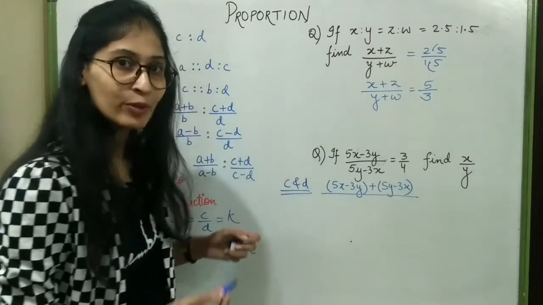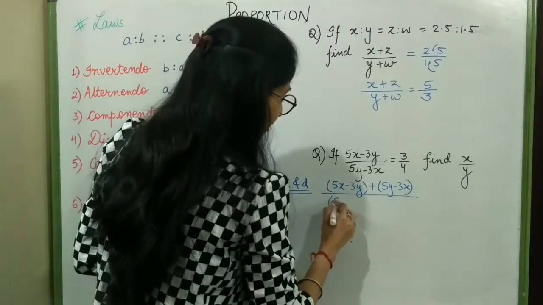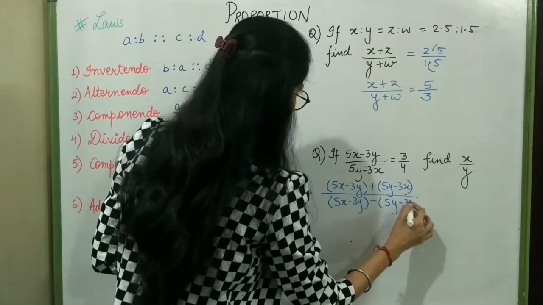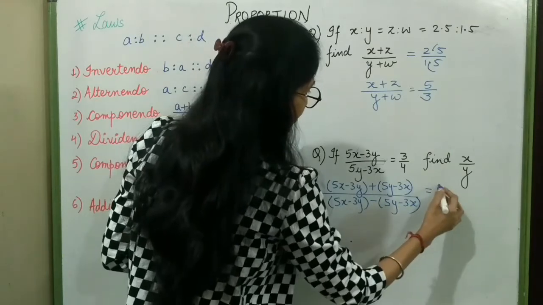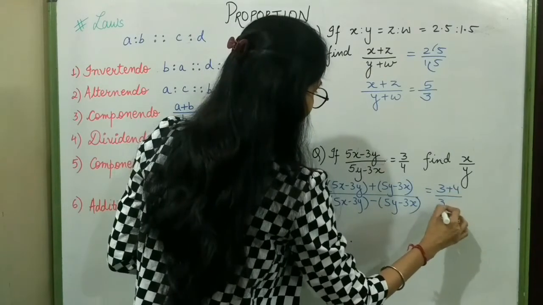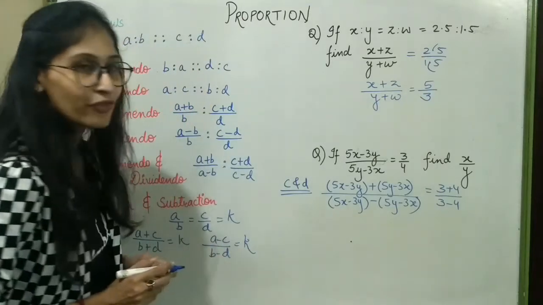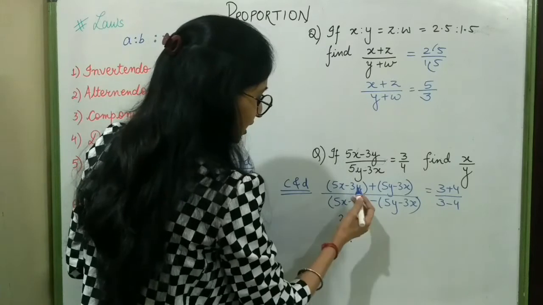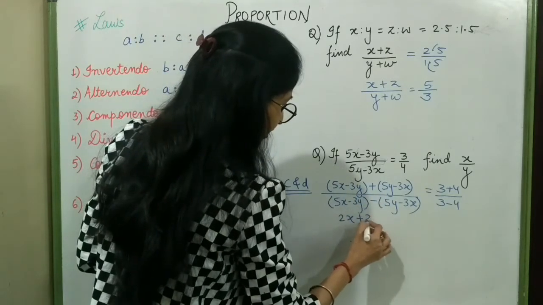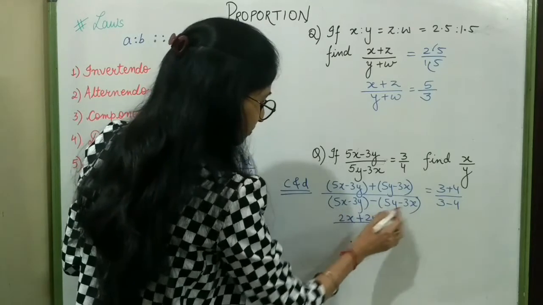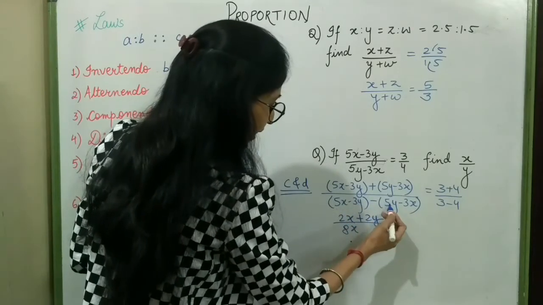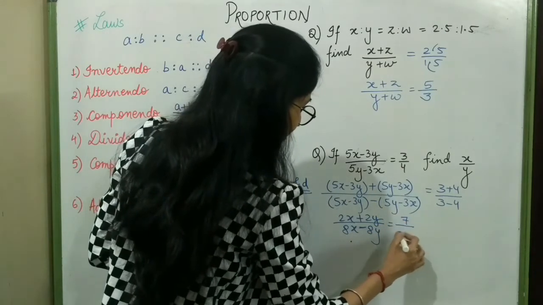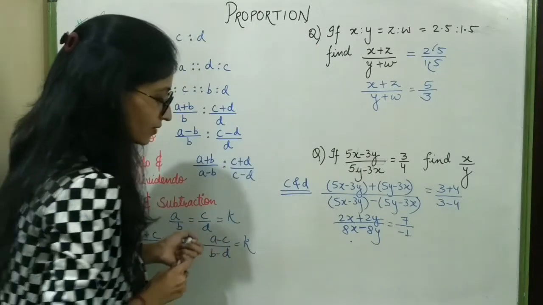And in the denominator, I am going to subtract: 5x minus 3y minus 5y minus 3x should be equal to 3 plus 4 upon 3 minus 4. So 5x minus 3x is 2x, 5y minus 3y is 2y, 5x plus 3x is 8x, and minus 5y minus 3y is minus 8y, is equal to 7 upon minus 1.